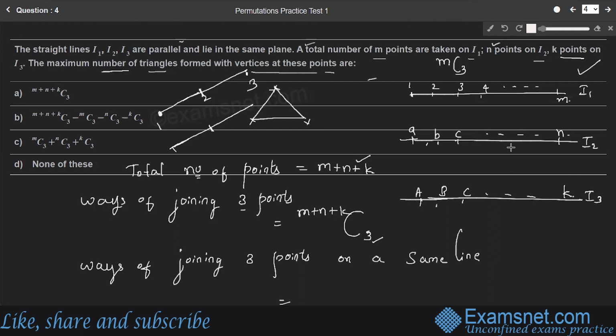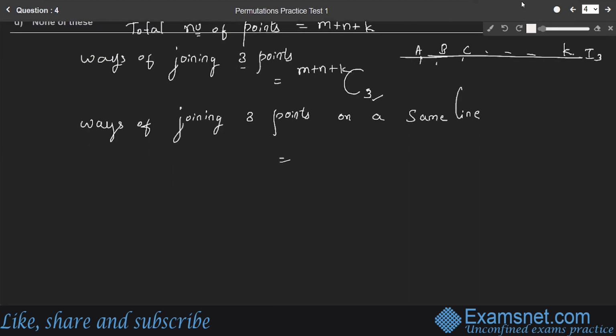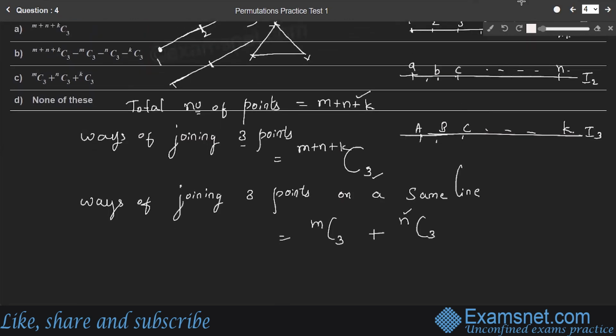Here m means the total number of points in l1, and in that we have to join 3 points, so the ways of joining 3 points is mC3. On the second line, the total number of points is n, so nC3 gives the ways of joining 3 points on a same line. And kC3 on the third line, right?